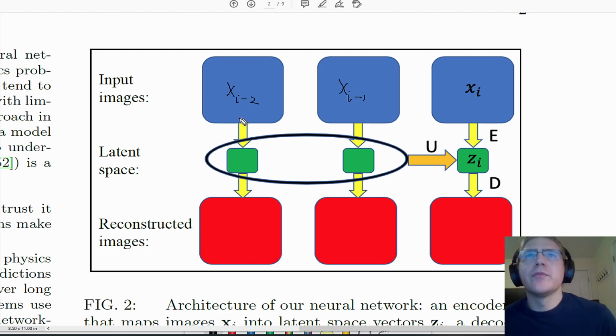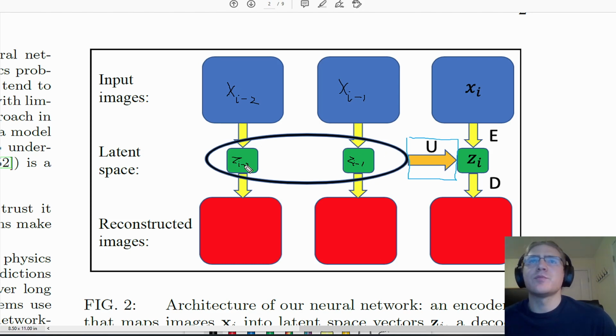So these obviously get mapped into their own latent vectors. So z(i-1), and then they have what they call an evolutionary operator. So this evolutionary operator takes the previous two latent vectors and tries to predict the current latent vector.